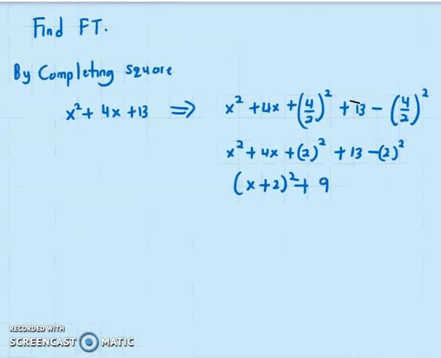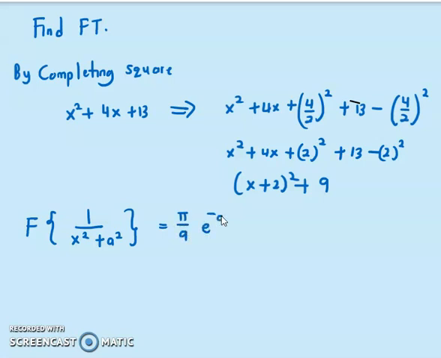Now we know the definition of the Fourier transform: the transform of 1 over x squared plus a squared is given by pi over a, e to the negative a omega. Now if you look at here, we assume this whole thing is my x, and this is my a squared.